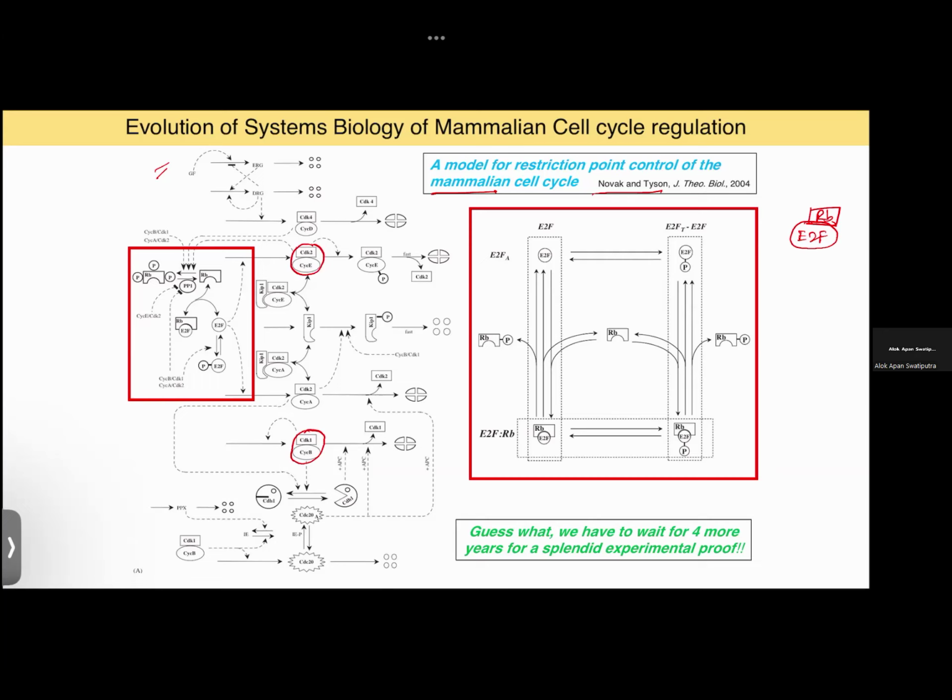So in mammalian counterparts also there are these cyclins and CDK partners. This is cyclin B, CDK1, but mainly these cyclin D. And what they do is they come and phosphorylate this RB. And when this RB becomes double phosphorylated, E2F is released.